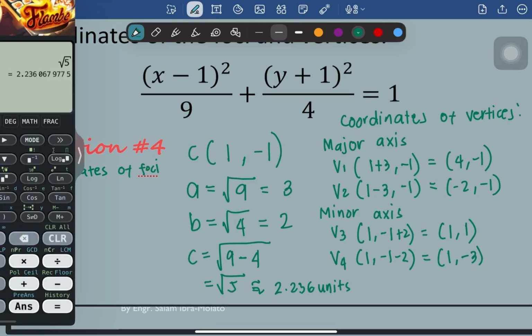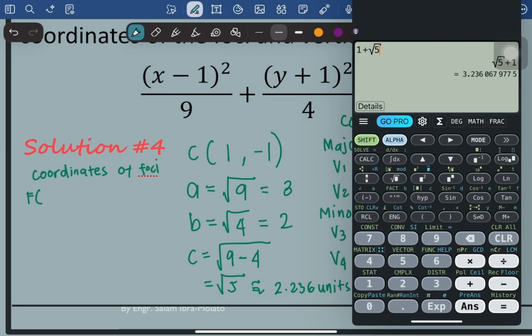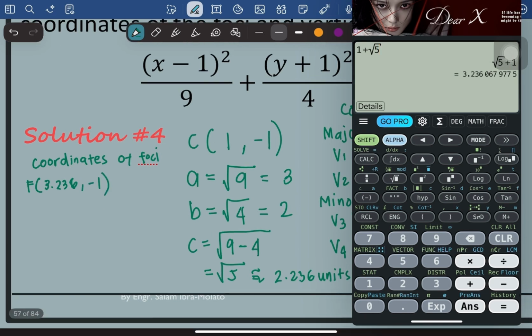So what is 1 plus square root of 5? You get 3.236, negative 1. So just copy the y coordinate of the center.